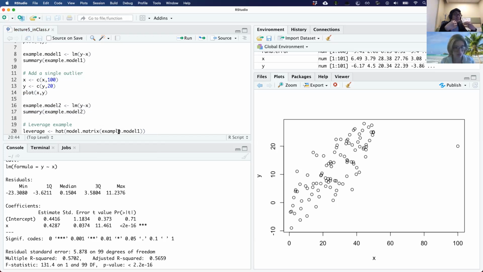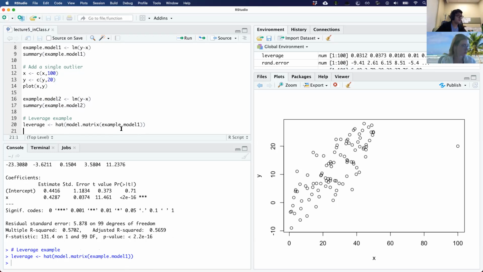And so this is going to return the ratio between how much your prediction changes at each y point for every point of data, right? How much your prediction changes relative to a 1 unit change in your y value. So this gives you a vector of leverages corresponding to every data point in your data set.